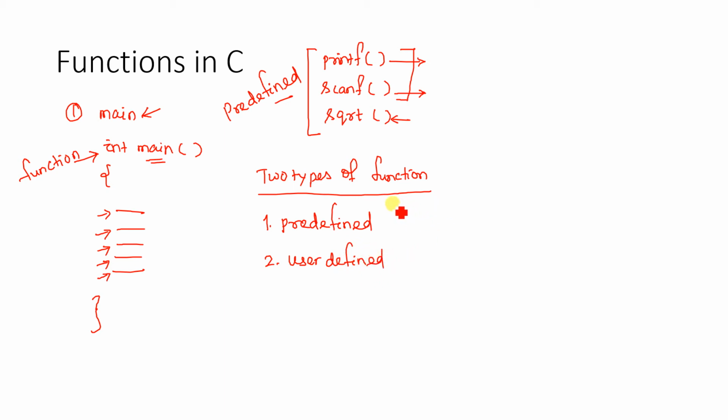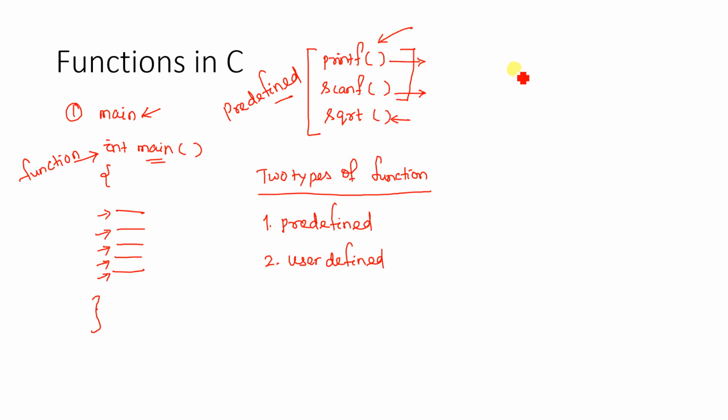So you already know how to use a predefined function. Every time I use a predefined function in my program, I need to follow the syntax of that printf function.